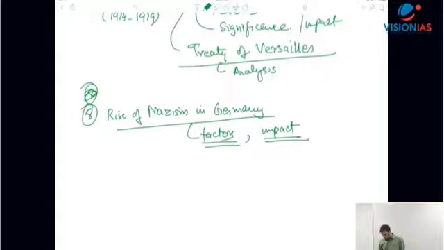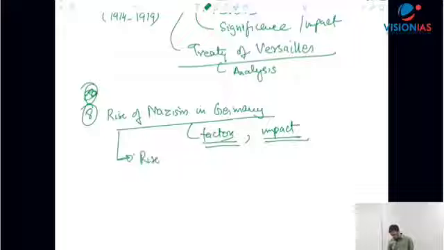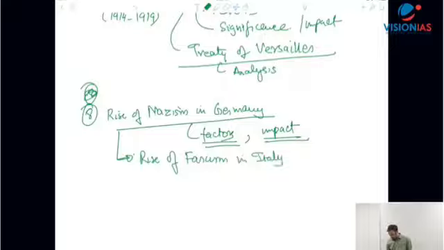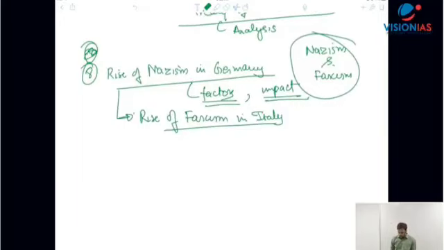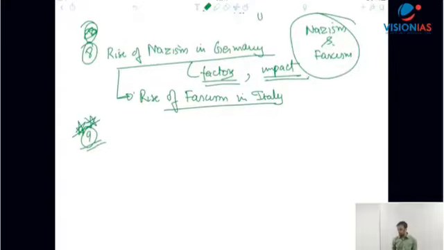Okay. Similarly, we'll also briefly here talk about the rise of fascism in Italy, and also a brief comparison of Nazism and fascism, how similar and different they are to each other. Okay. Now, another supremely important topic is the Russian Revolution, right?